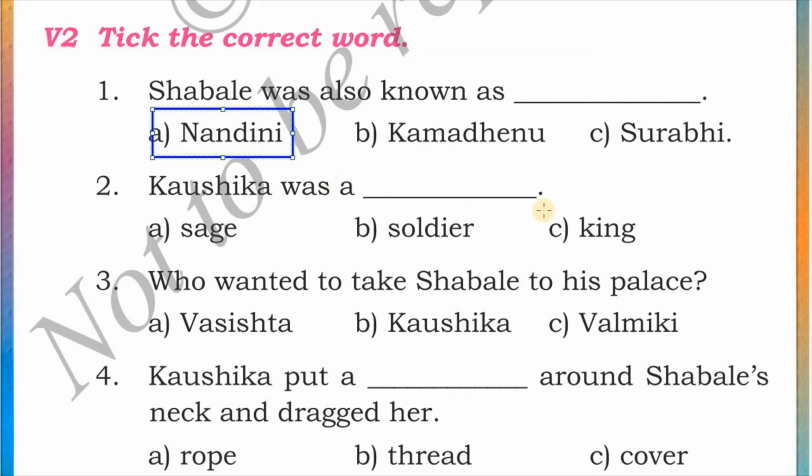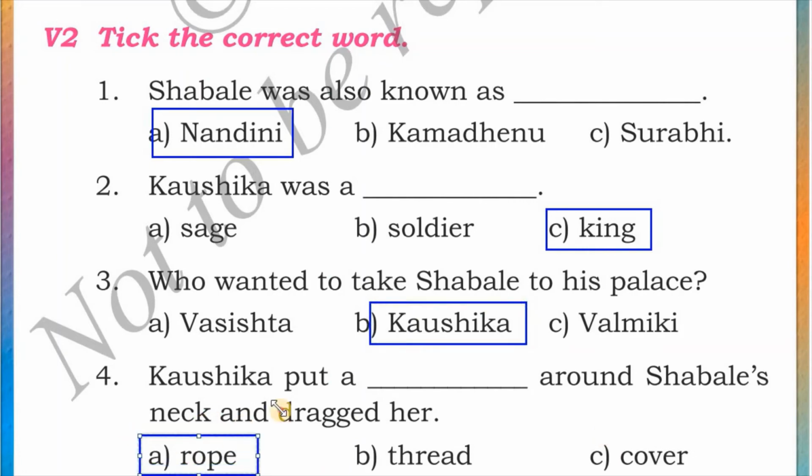Kaushika was a king. Who wanted to take Shabale to his palace? The answer is Kaushika. Kaushika put a rope around Shabale's neck and dragged her. Rope, thread or cover? The answer is rope.